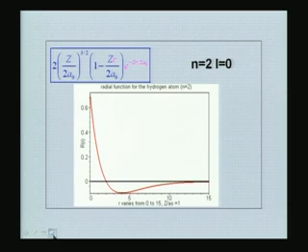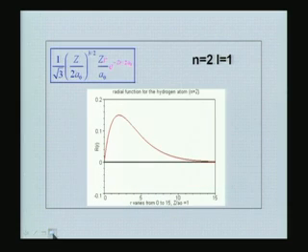The second radial function associated with n equal to 2 is the L equal to 1 case. For n equal to 2, L equal to 1, the functional form is some constant times Zr by a0 times e to the minus Zr by 2a0.